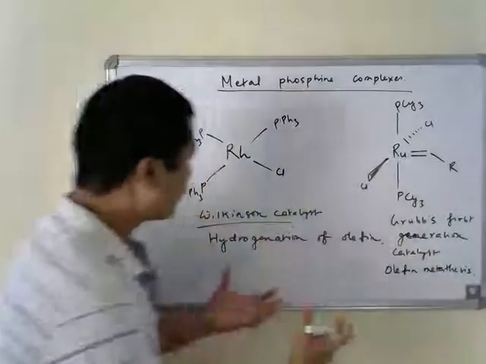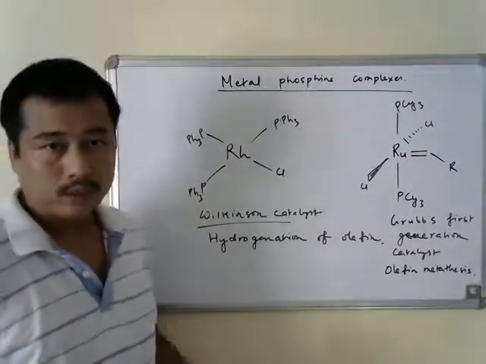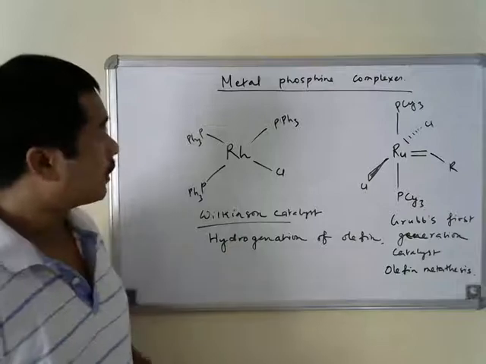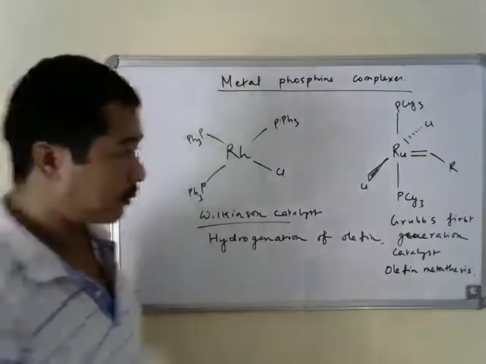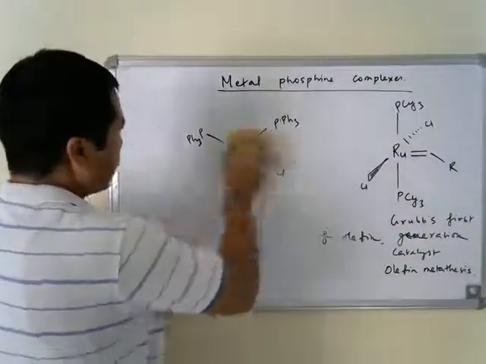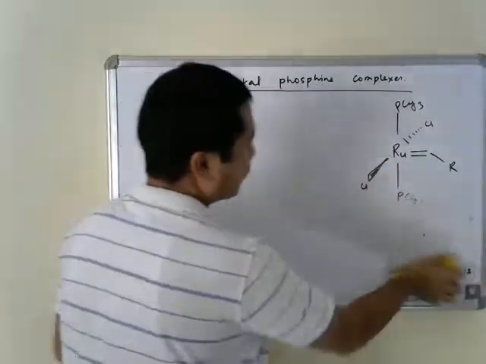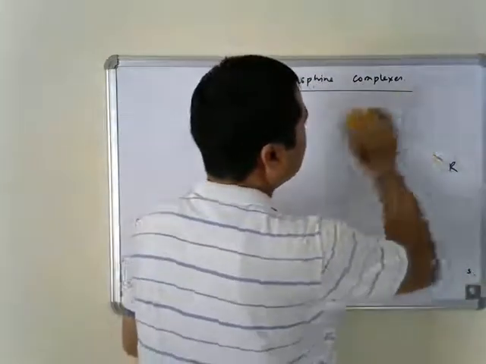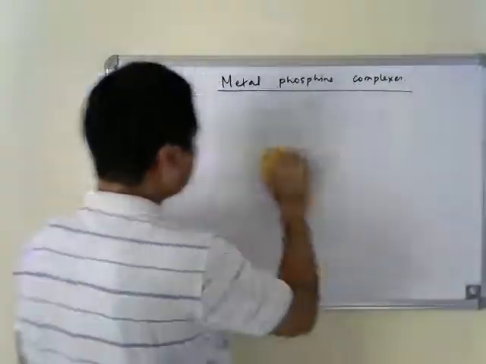So these are two examples of metal phosphine complexes which are essentially used in very important catalysis. Now there are many phosphine ligands, and some of these phosphine ligands we have already encountered while discussing the chemistry of metal carbonyl or metal nitrosyl or metal dinitrogen complexes.